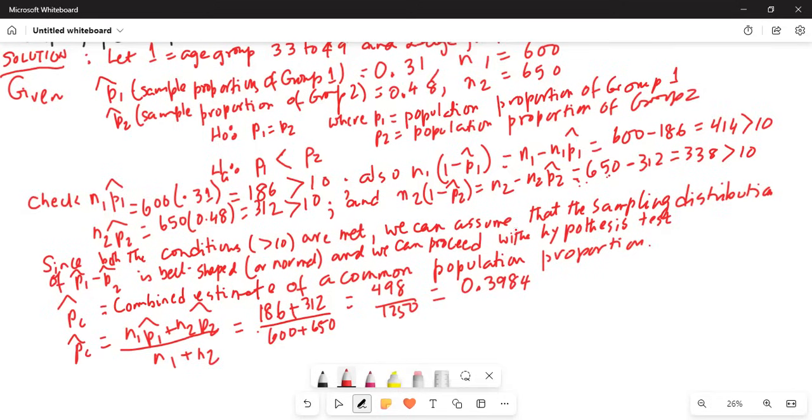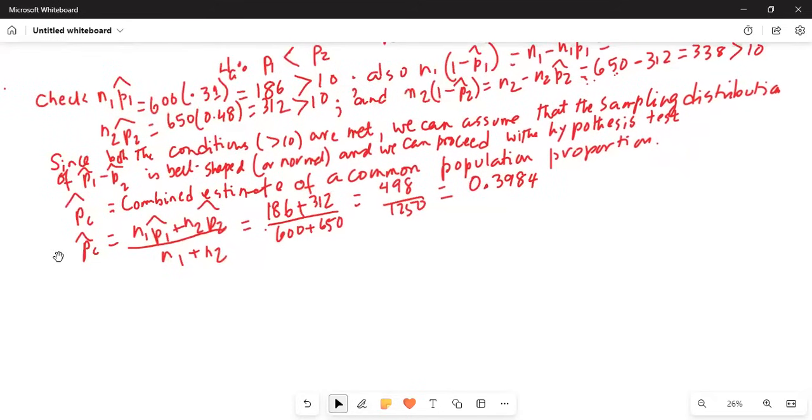So what is the formula for the test statistic, where we are going to compare the two sample proportions? So maybe I should change the color of the ink just to make it a little interesting.